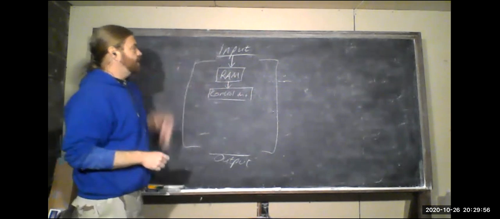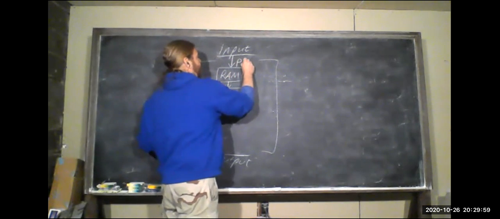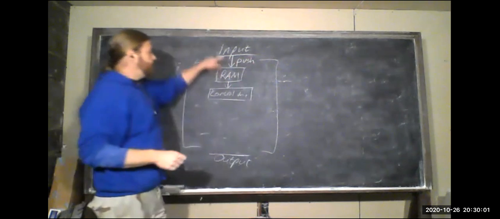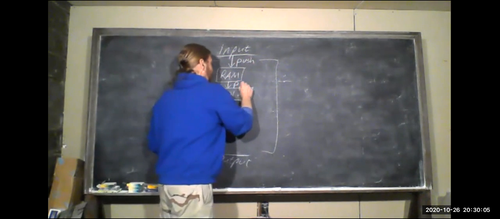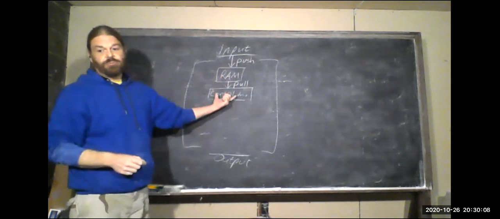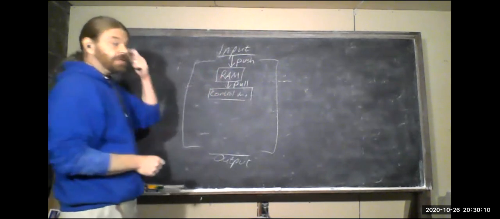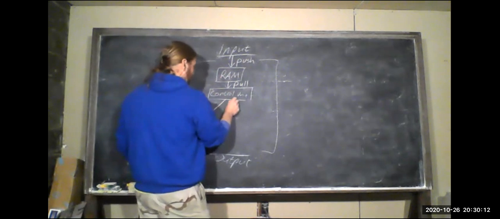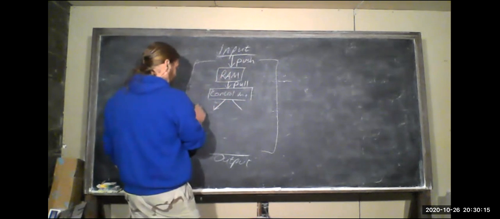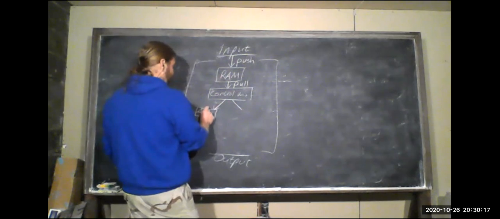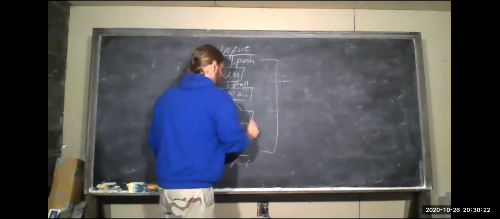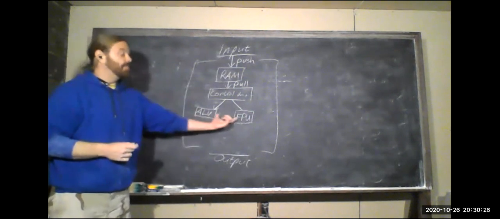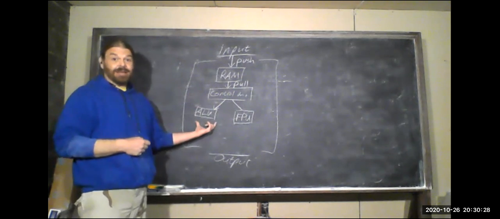Once the input gets pushed onto the RAM, and when the control unit's ready, it will pull those values from RAM and push them onto, well, one of two places. Either an arithmetic logic unit or a floating point unit. They basically do the same thing. It's the piece we do math with.